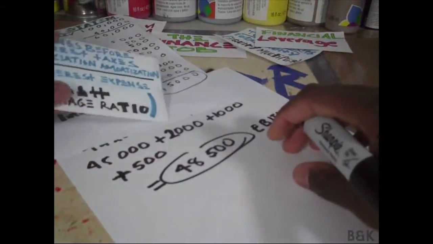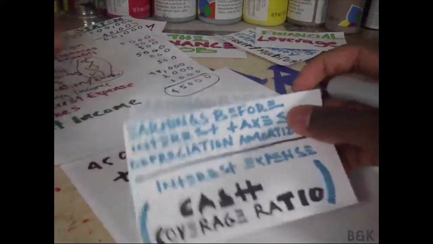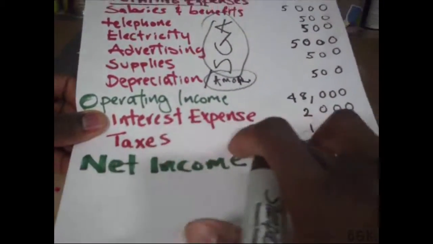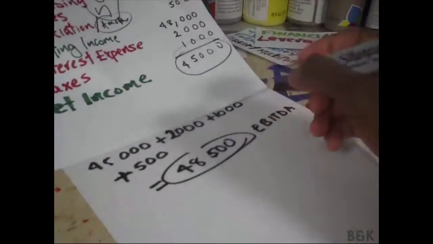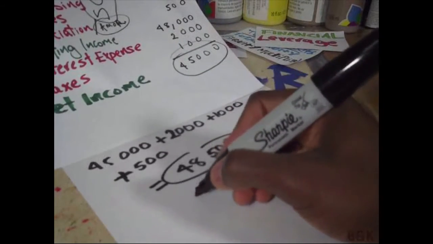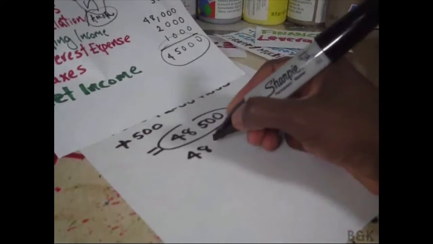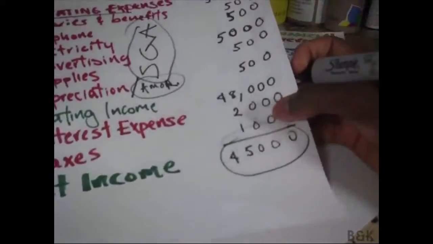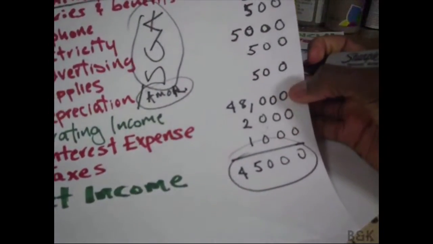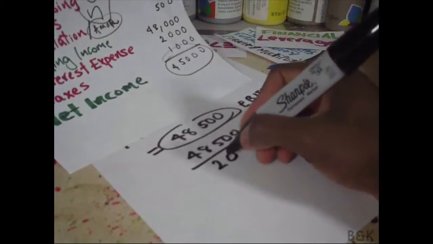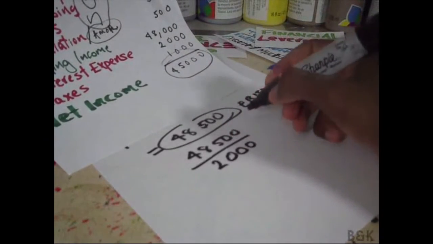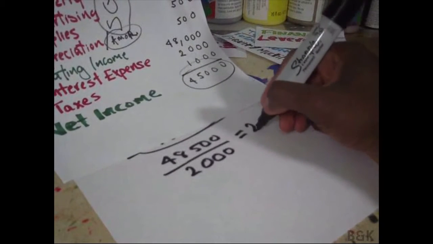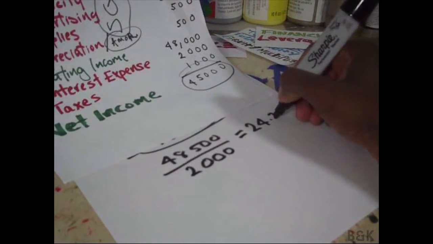Okay, so we take our EBITDA and then we look at our interest expense and we go back to that line. Now you could be Sherlock Holmes. We find that it's $2,000, so it's EBITDA 48,500 divided by a lovely $2,000. And the answer, because I've done this ahead of time, is going to be 24.25.